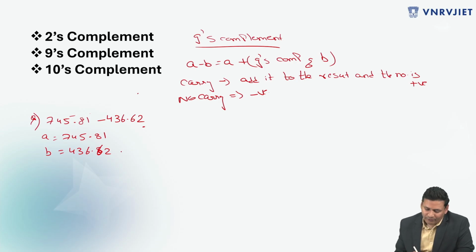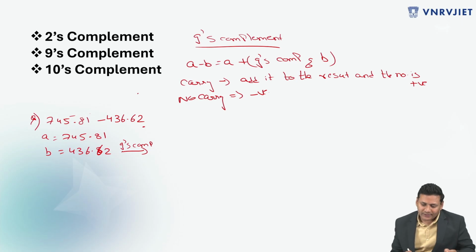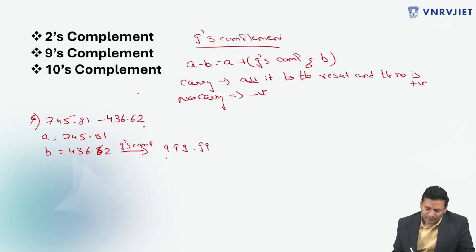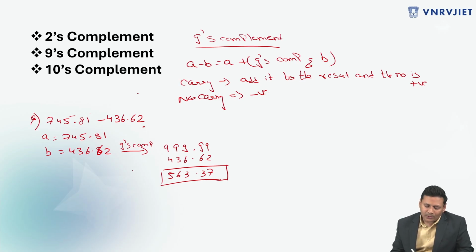So the first thing is you have to take the nines complement of B. B is 436.62. I hope you know how to find the nines complement: 999.99 minus 436.62. So it will be 563.37. So this is the nines complement of B.